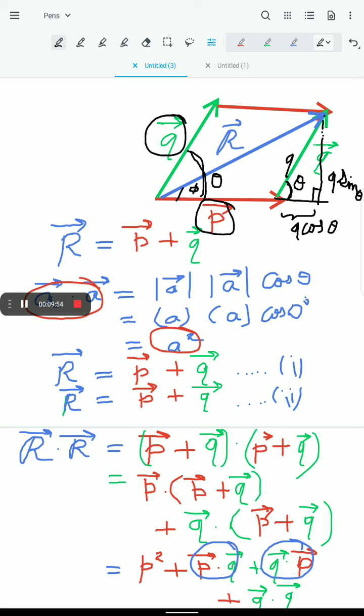Now can we determine tan phi? Yes, by geometry tan phi must be equal to Q sine theta divided by this length. And this length is nothing but P plus Q cos theta.